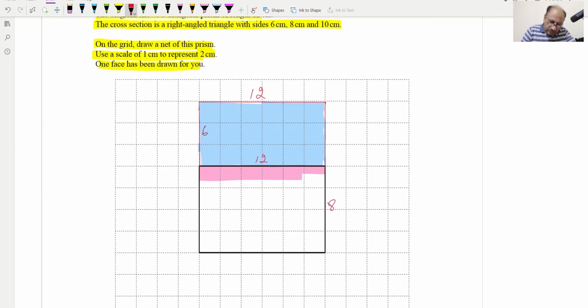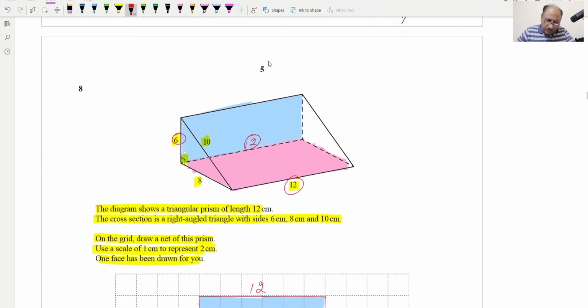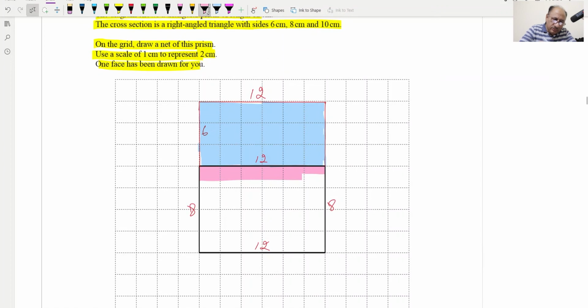So this is 8 and this is 12 side, and this is also 8 and 12. So this will be the base which we have drawn.